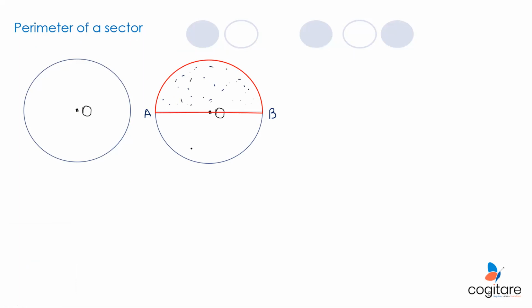Now, when we talk about the perimeter of the sector, it is arc length AB plus, you see that OA and OB are radii, right? You add 2r to it. So always the perimeter of a sector is equal to the arc length L. We are introducing a new nomenclature or letter, arc length L, and add 2 times the radius to it, you'll get the complete perimeter. Right, guys?